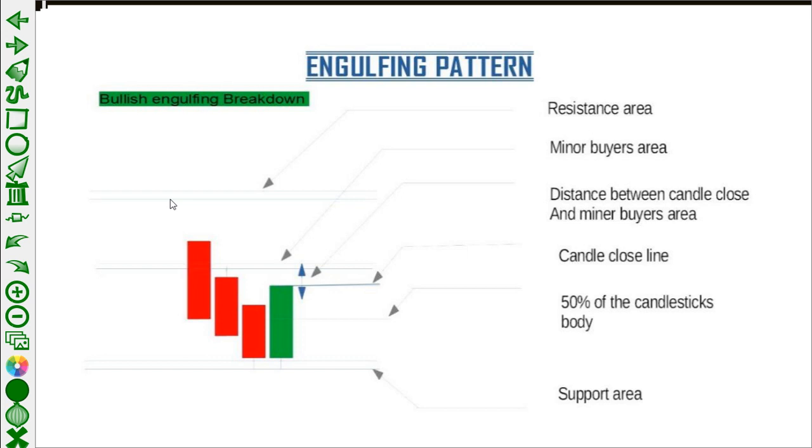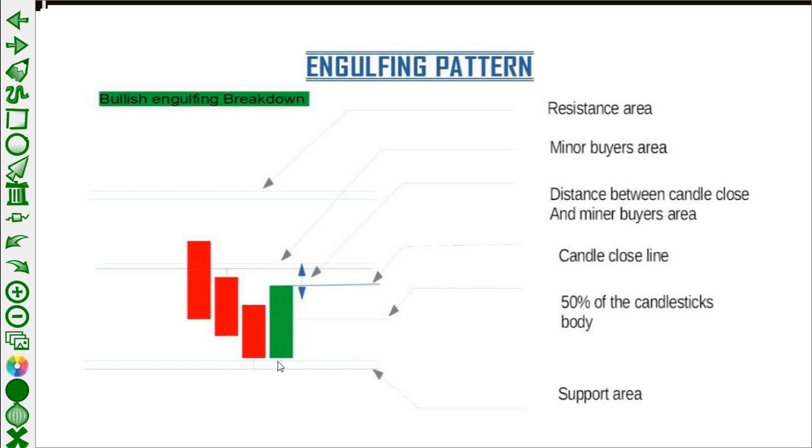Here we can see in a diagram that we have drawn a resistance area, a minor buyers area, and a support area. I am going to show how to draw exactly these levels at the end of this video, so stay tuned till the end.